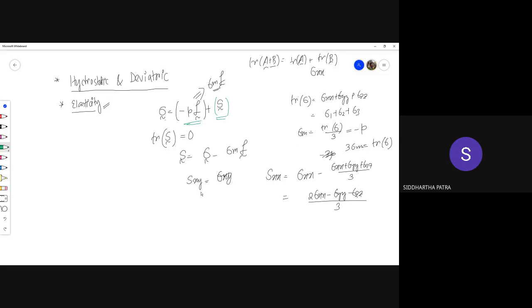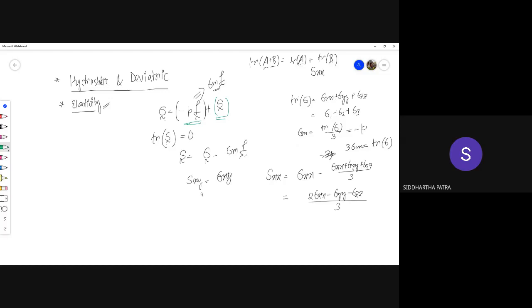This is because the deviatoric part is associated mostly with shear, and of course, it's not just shear components. There are normal components, but as you can see, the hydrostatic part of the stress is zero.